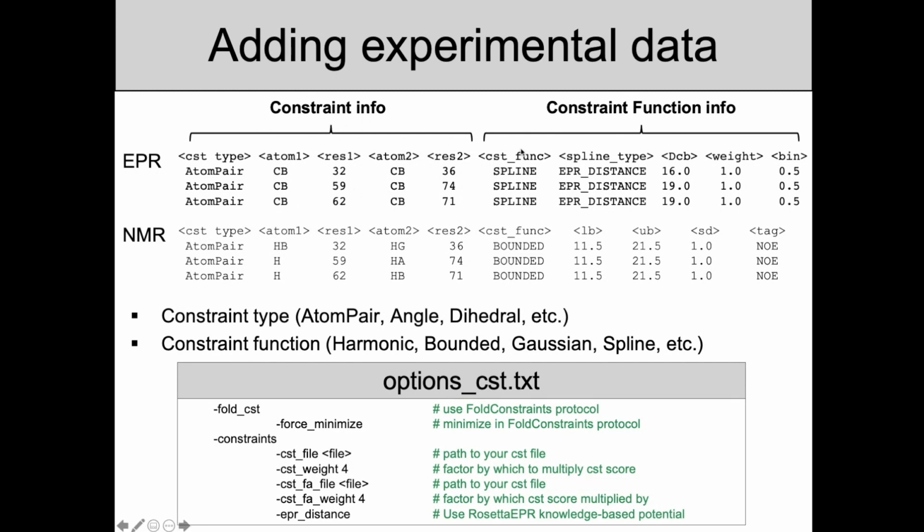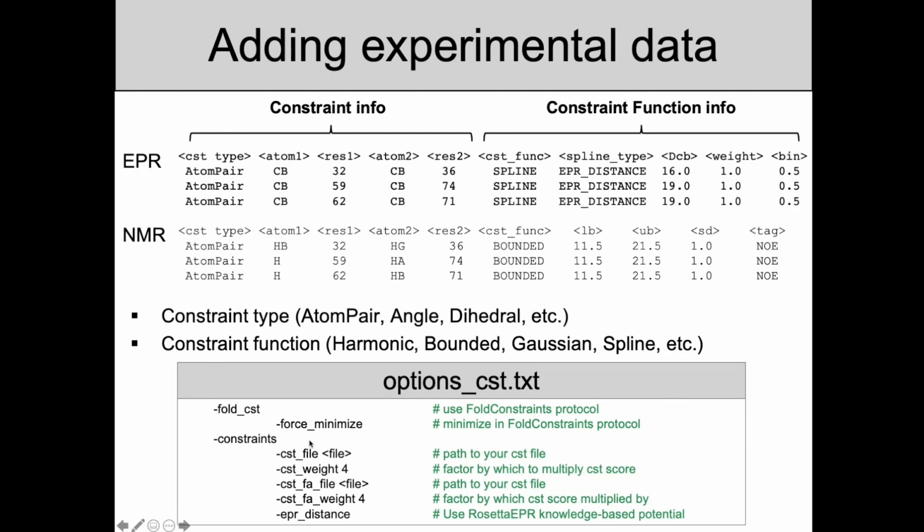And for EPR, we have a spline function that's specific for this technique. And then we provide the experimental distance value. And then for NMR, we have a bounded function with a lower and upper bound that's, again, specific for this experimental technique. Now, to introduce these experimental constraints to Rosetta, you just need to add a few options to your options file.